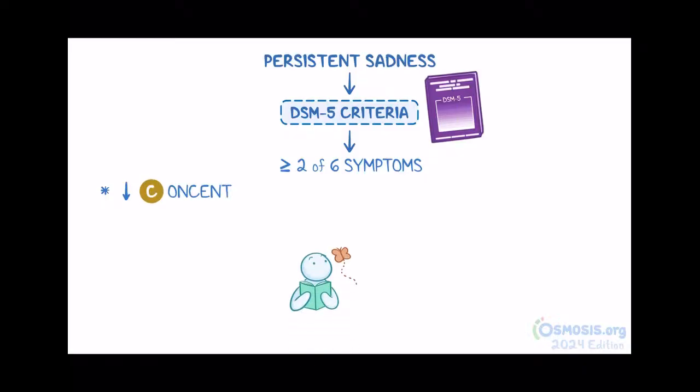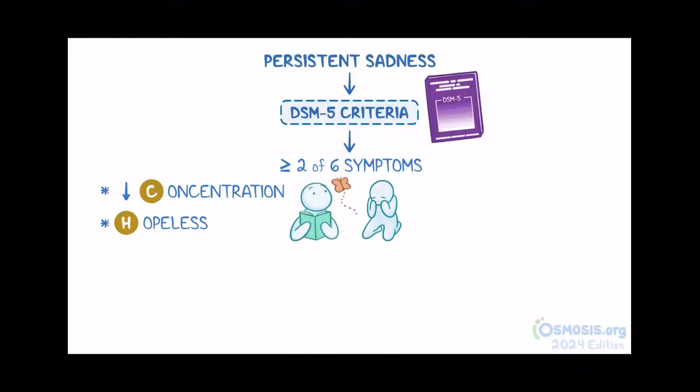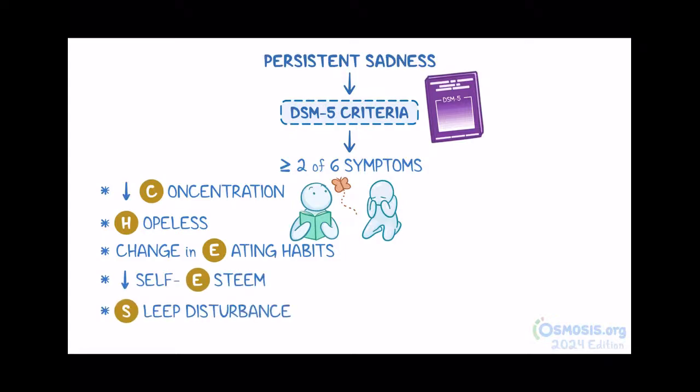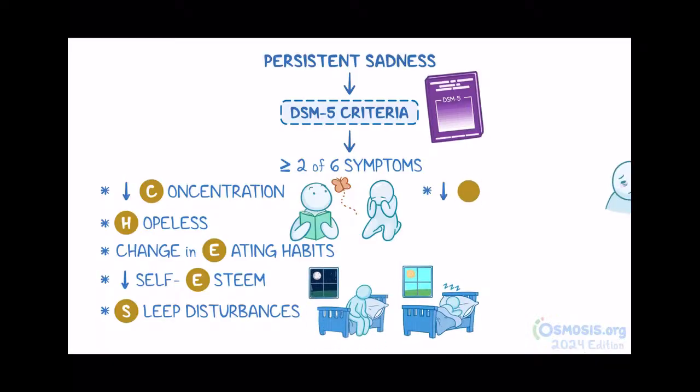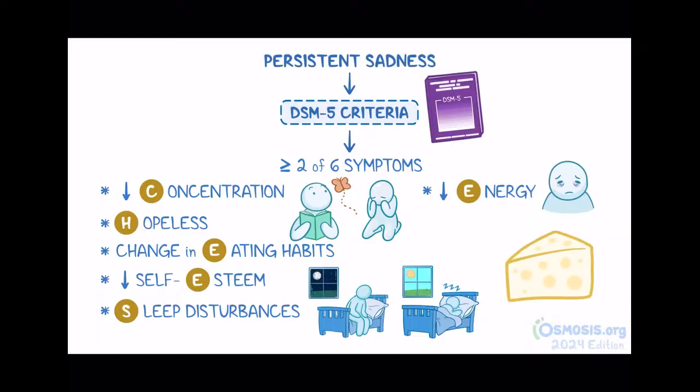These include poor concentration, feeling hopeless, changes in eating habits like overeating or poor appetite, low self-esteem, sleep disturbances such as insomnia or hypersomnia, and low energy. Moreover, use the mnemonic CHEESE to remember these 6 symptoms.